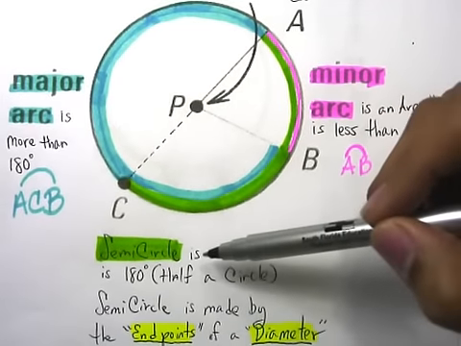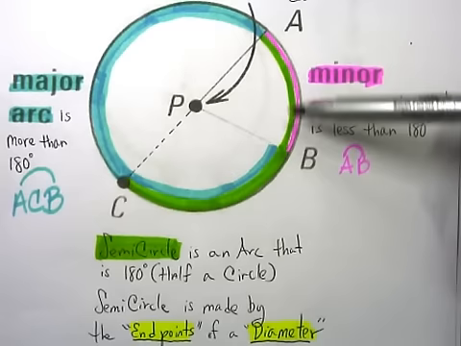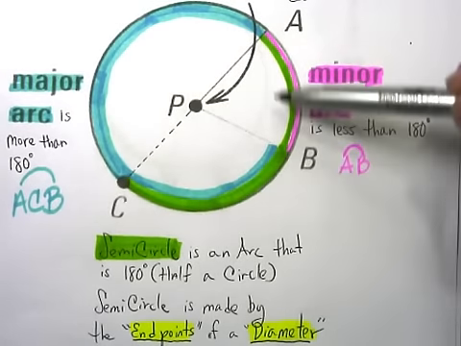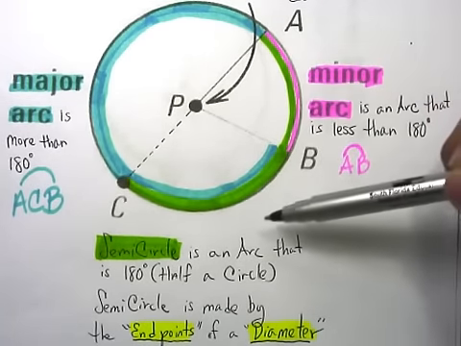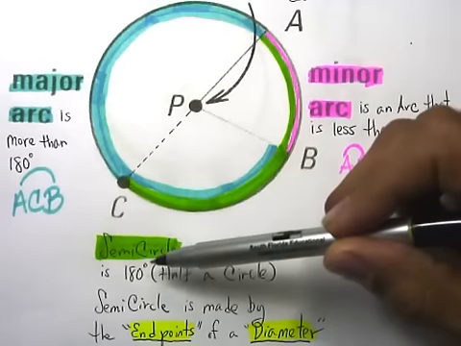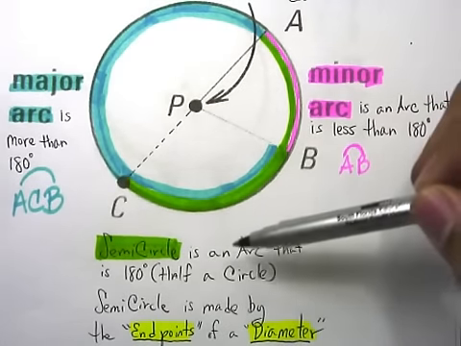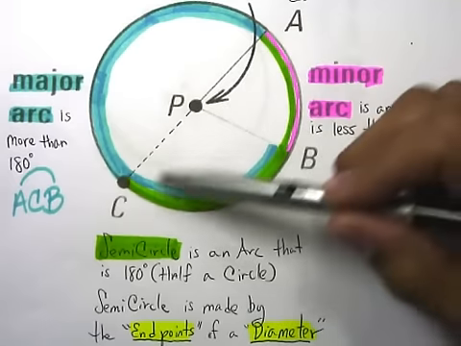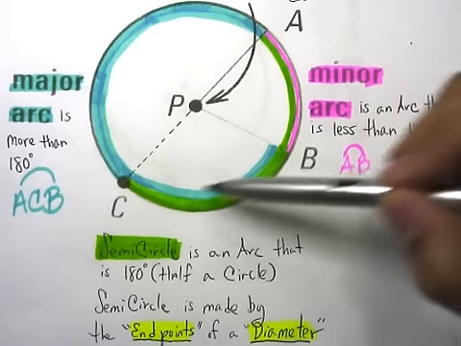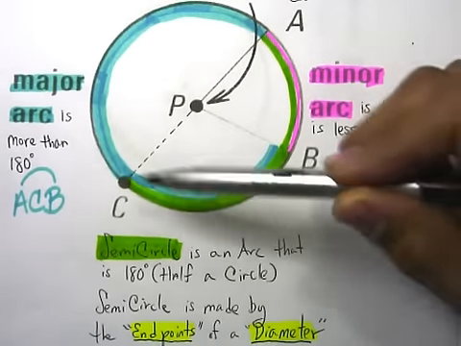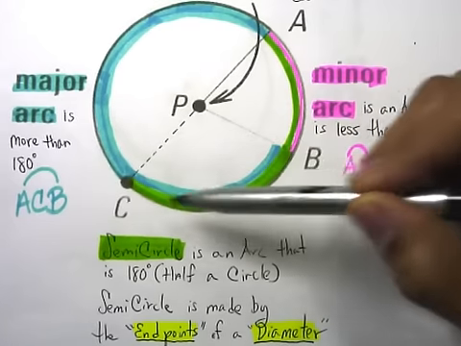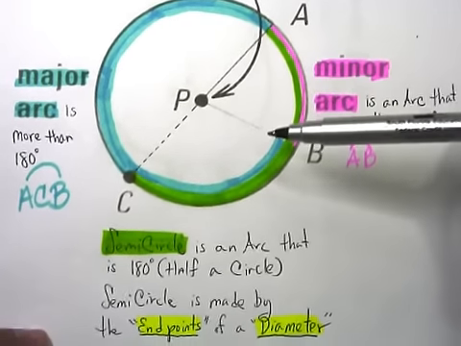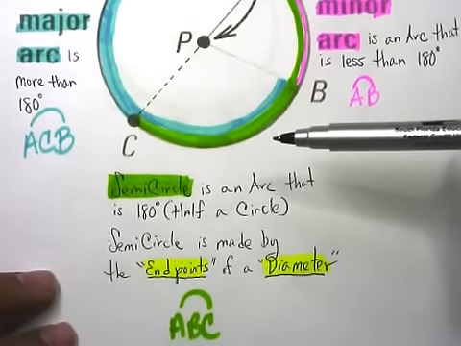Next, on the bottom here, in green, I have a semicircle. And if you notice, I have this section of the circle in green. A semicircle is an arc that is 180 degrees, or half of a circle. So if you notice here, I can see that this is half my circle. So in green, that is a semicircle.